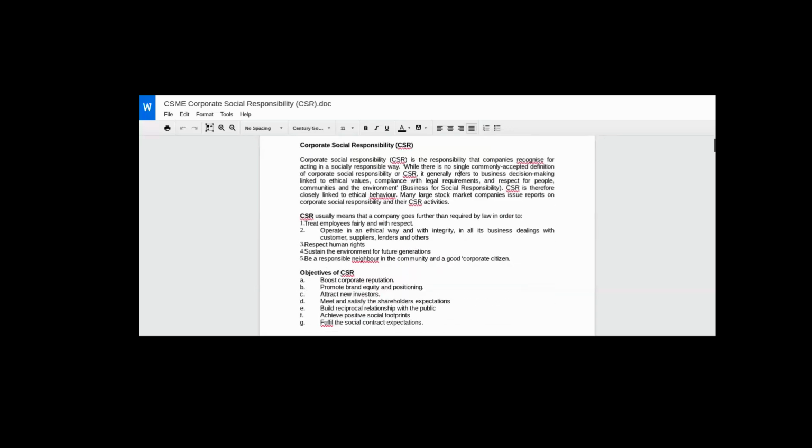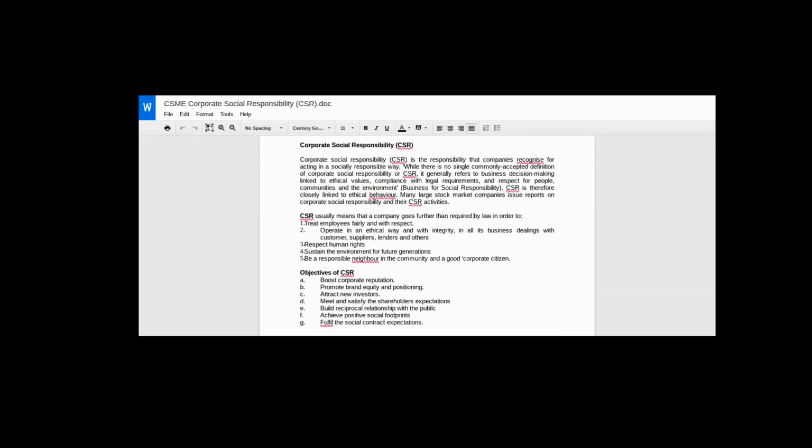So with that, you can move to the second paragraph, which informs us that CSR simply means that the company goes further than required by law. You can see the gravity of that statement.